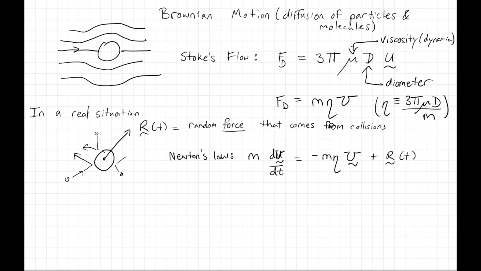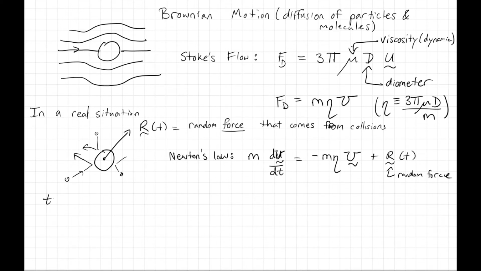I'll take the dot product of Newton's law with the position of the particle, and then do an ensemble average, meaning that if I were to do this experiment lots of different times with lots of different random forcing functions, what would I expect to happen on average?